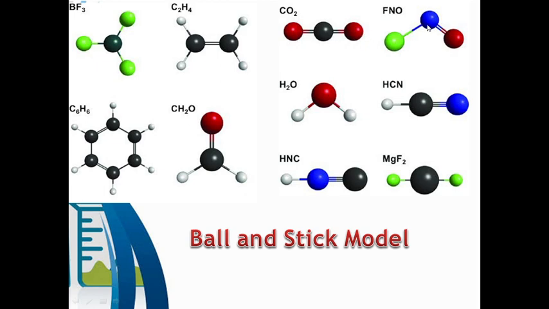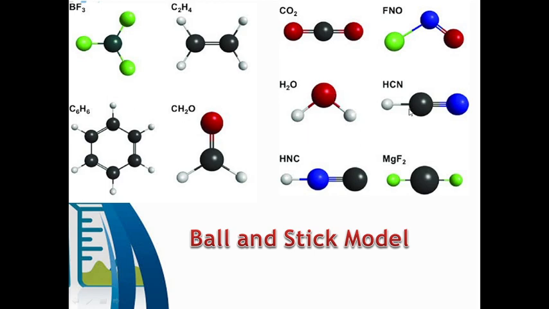So we have the fluorine, nitrogen, and oxygen. Then next, we have the H2O, the central part, which is the oxygen, with 2 moles of hydrogen and 1 mole of oxygen.